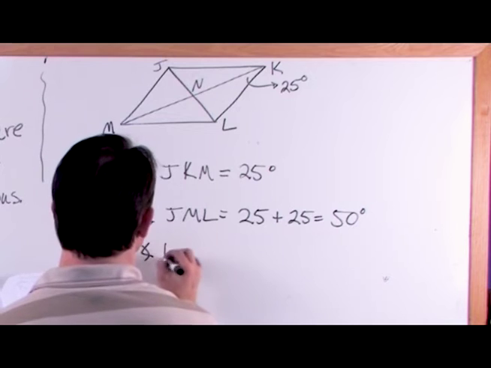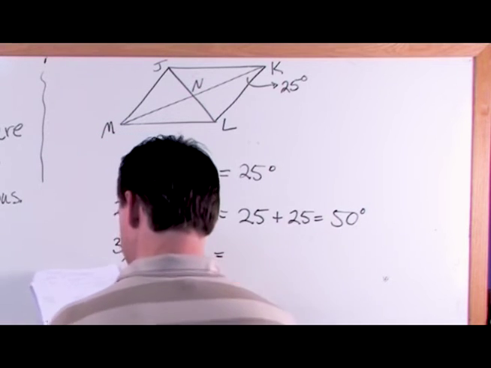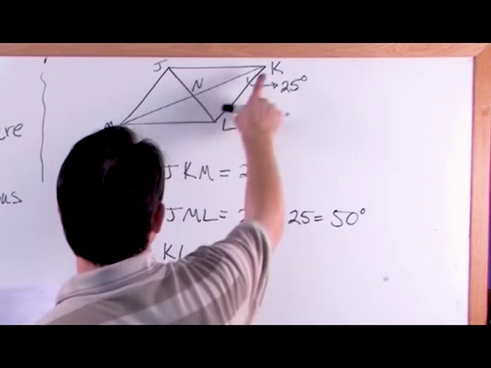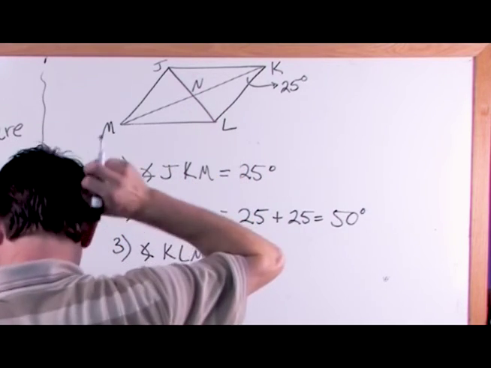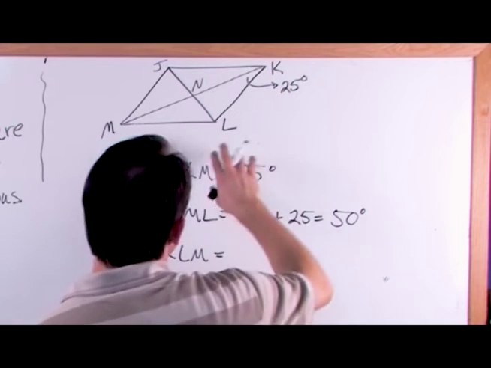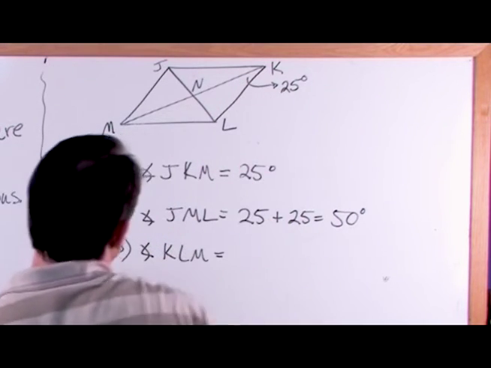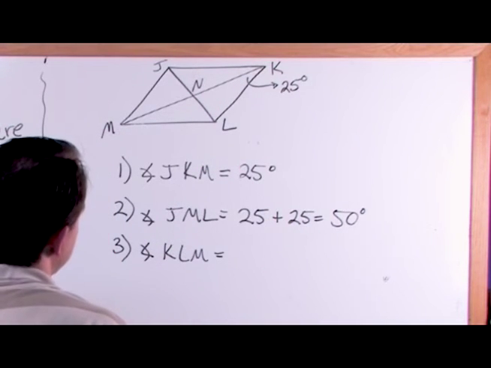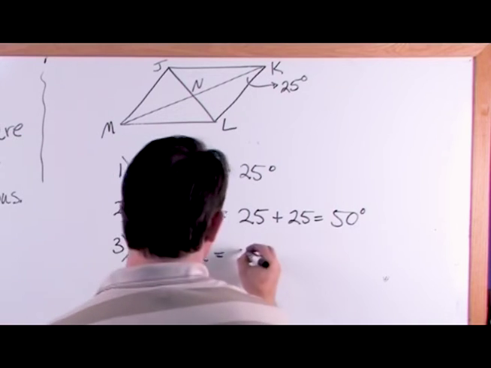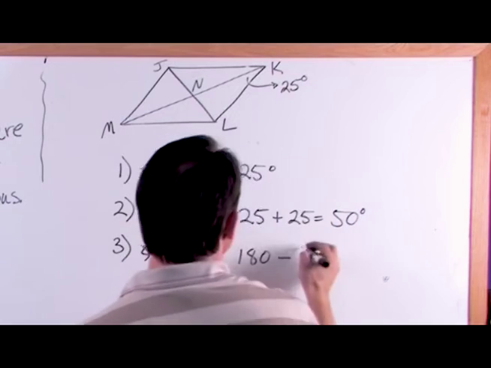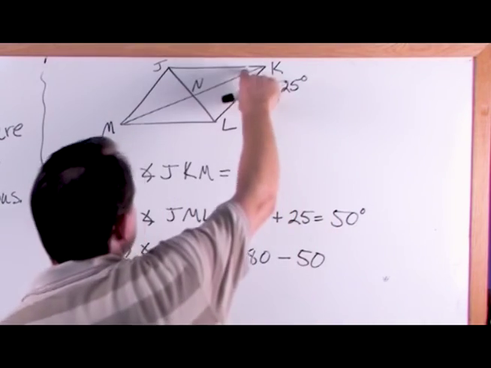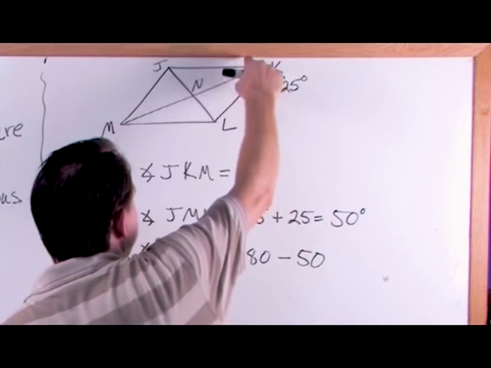Angle KLM, which would be this big giant angle here. We know that for any quadrilateral like this, two consecutive angles have to be supplementary. So we're going to say 180 minus this angle up here, which we already said was 50 because this angle is 25 and this is 25, so this whole thing is 50.